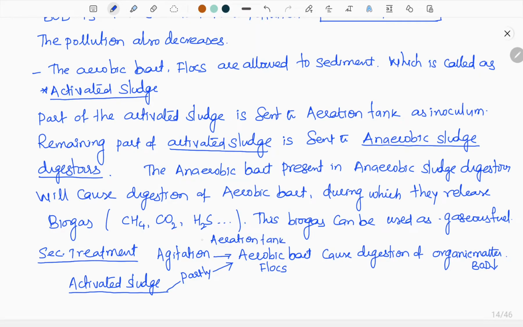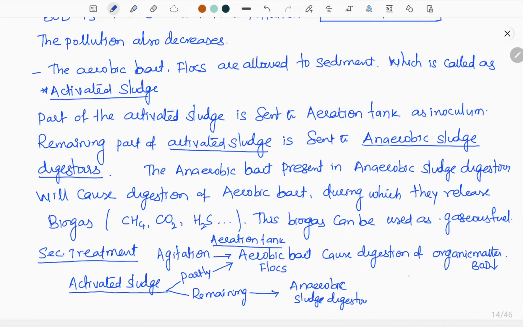So partly it is sent there, and the remaining activated sludge is sent to the anaerobic sludge digester. So in the anaerobic sludge digester, what happens?